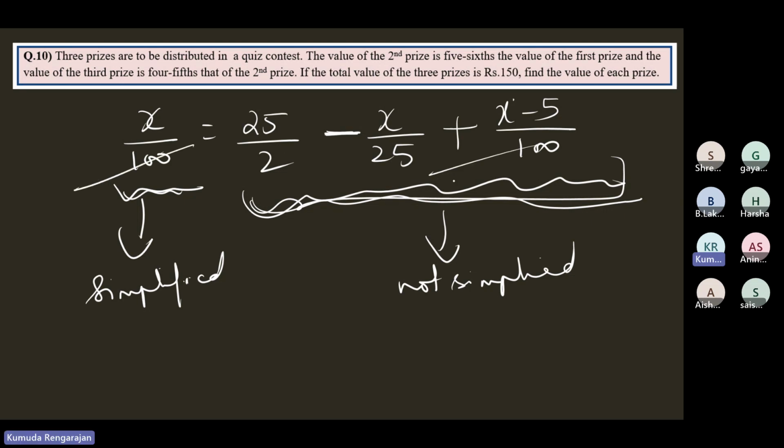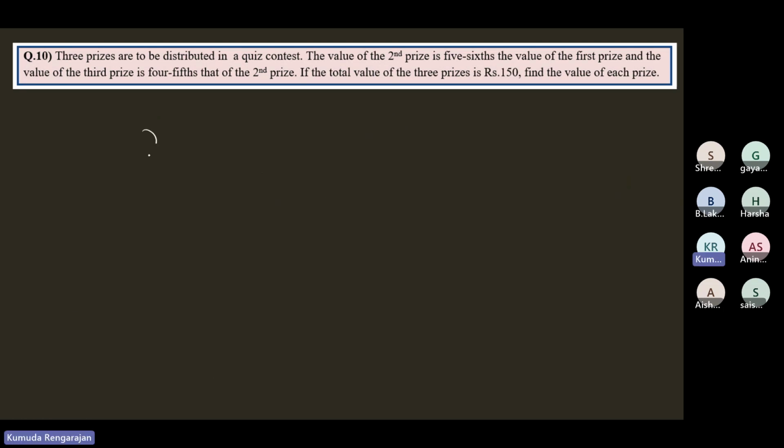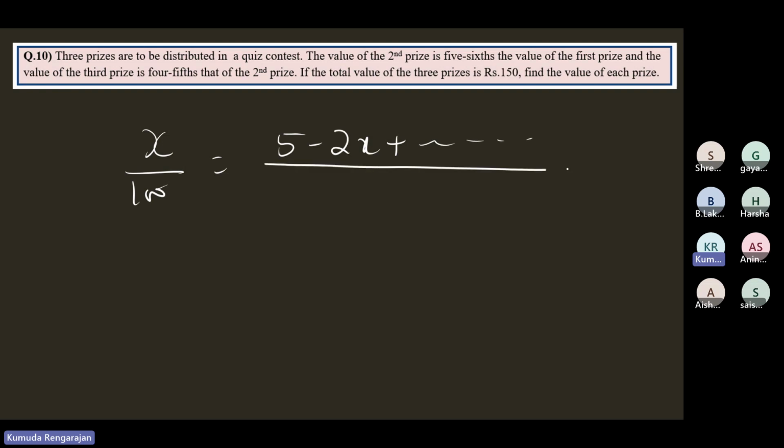On the other hand, if you have x by 100 is equal to 5 minus 2x plus, whatever you have, by 100 like this. This is only one fraction. You have multiple terms in the numerator, by 100, the whole thing by 100.